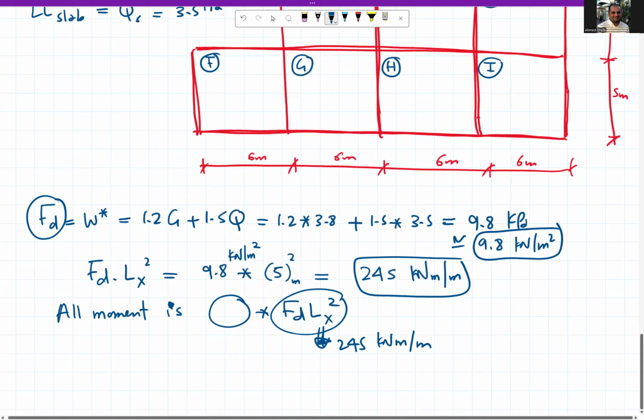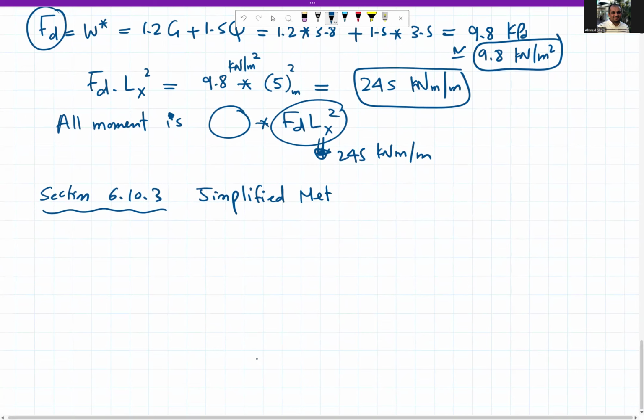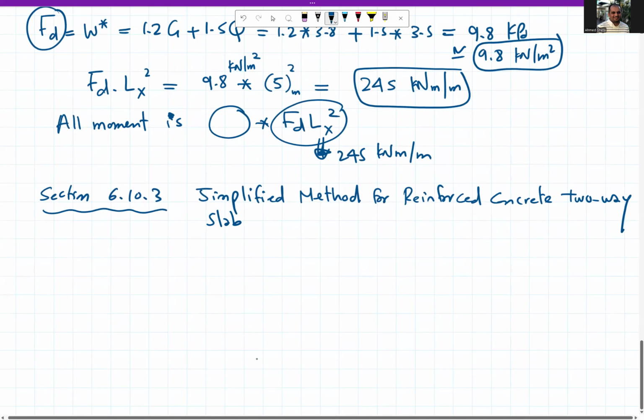Okay, then using the simplified method of the standard in section 6.10.3, the simplified method for reinforced concrete two-way slabs supported on 4 sides.